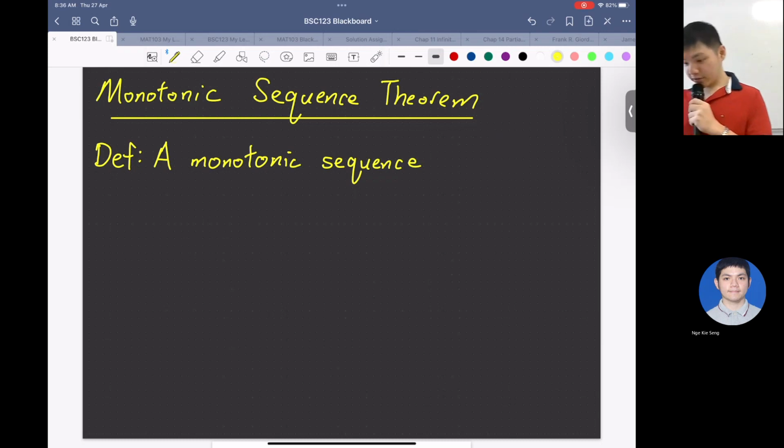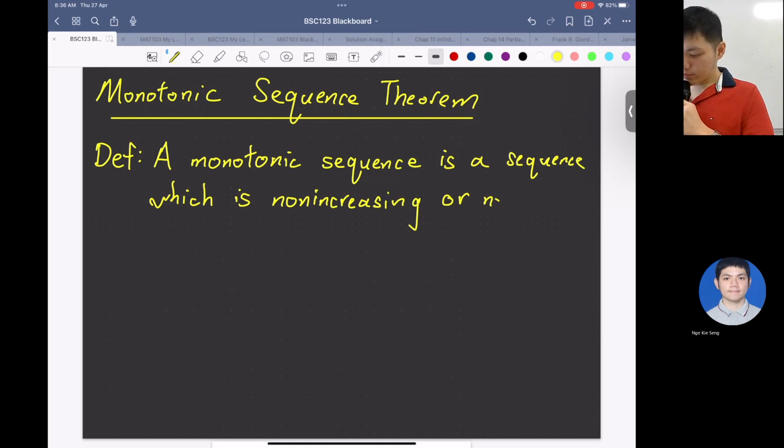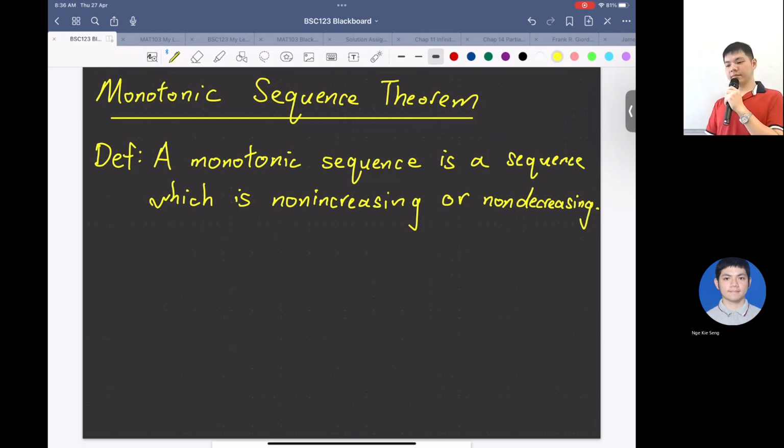So a monotonic sequence is a sequence which is non-increasing or non-decreasing.